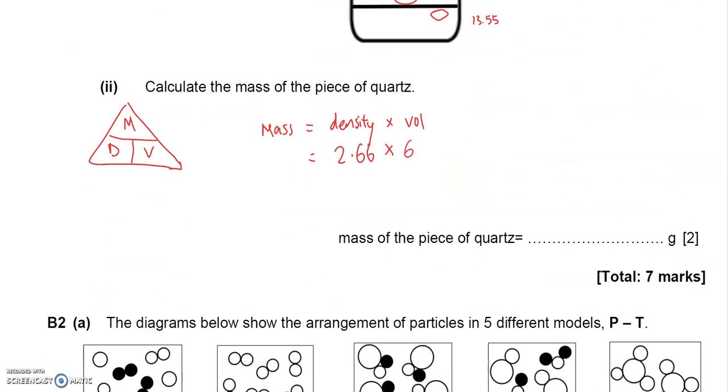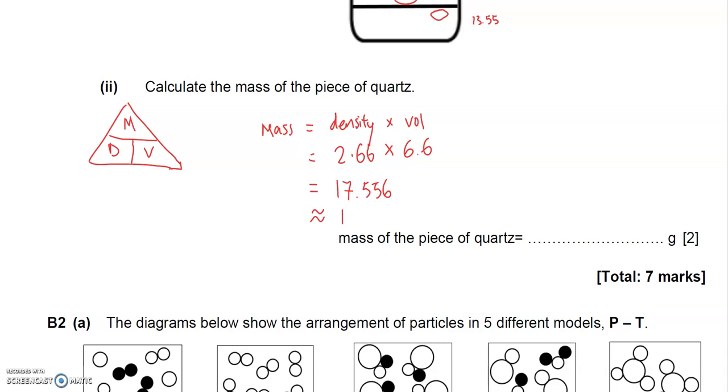Therefore, when we use our calculator to find out what is 2.66 times 6.6, you should be able to get this answer, with many decimal places. And remember that all non-exact answers need to be in 3SF.